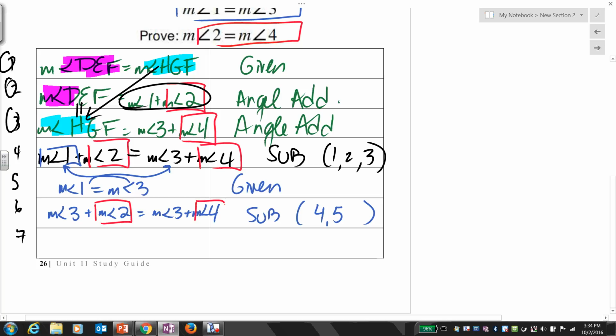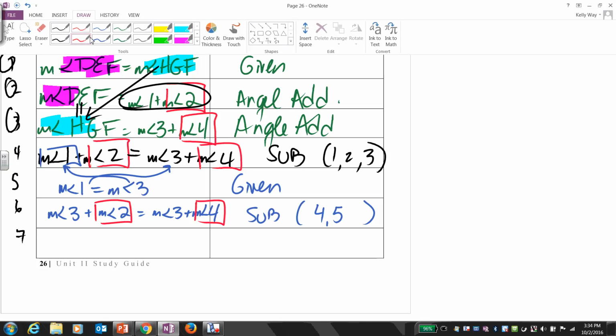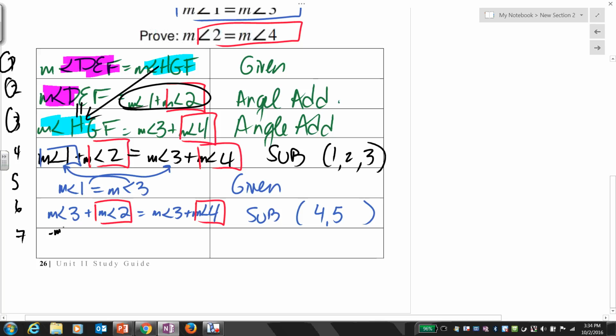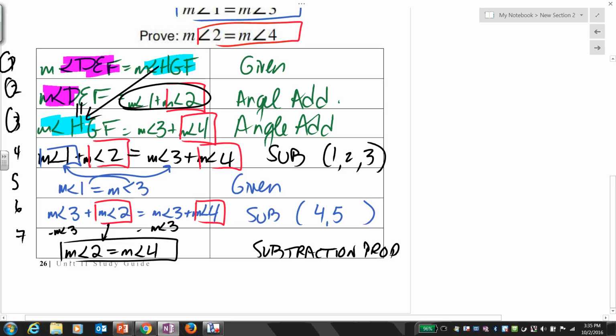Your targets are 2 and 4. So now if I subtract both sides, look what we have left. And that's called subtraction property. That is what we're trying to prove.